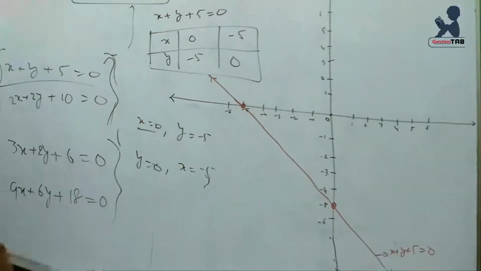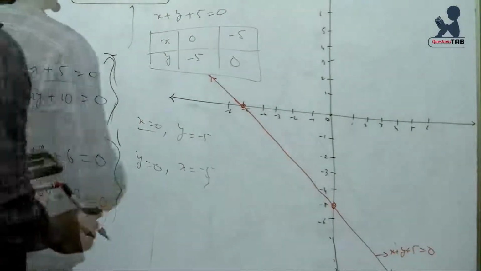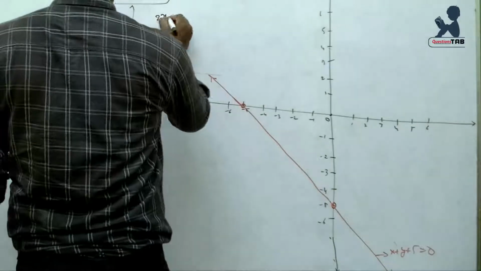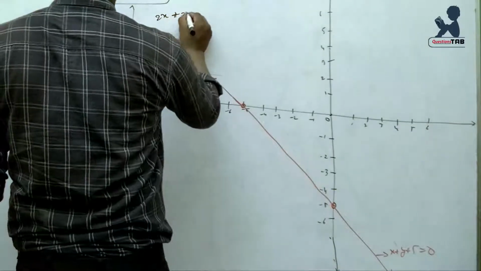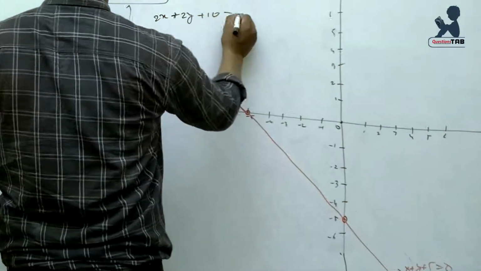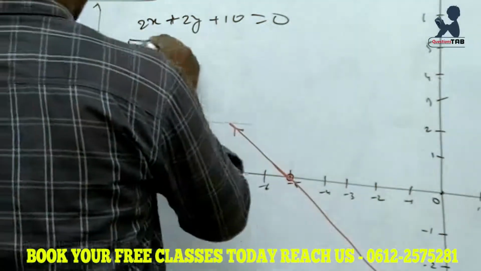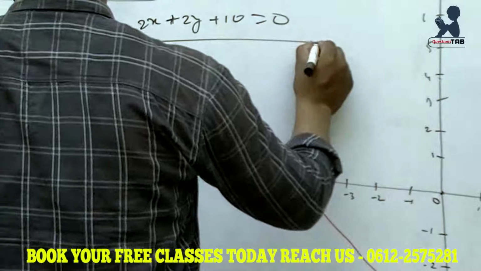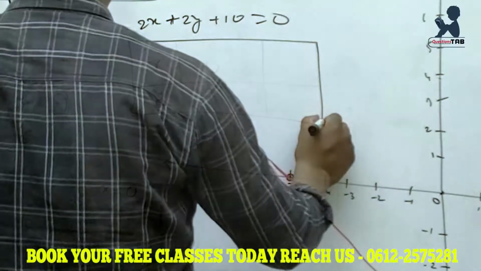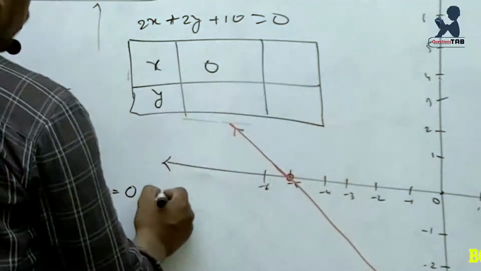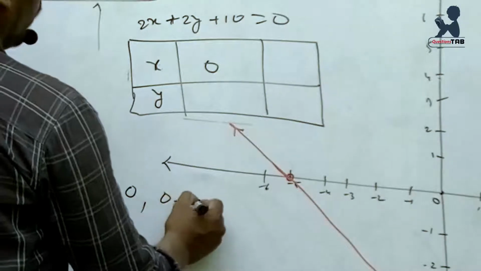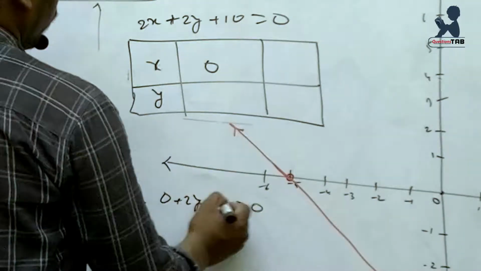Now let's move on to the second one. So our second equation is 2x plus 2y plus 10 equals 0. For x equals 0, we get 0 plus 2y plus 10 is equal to 0.